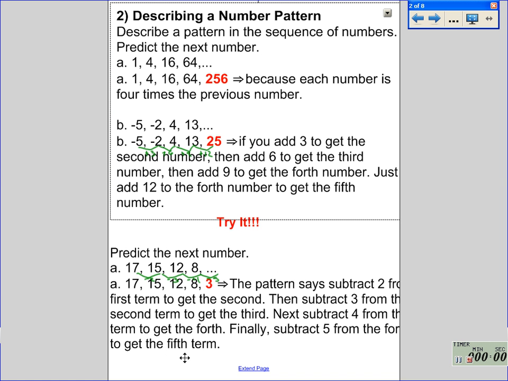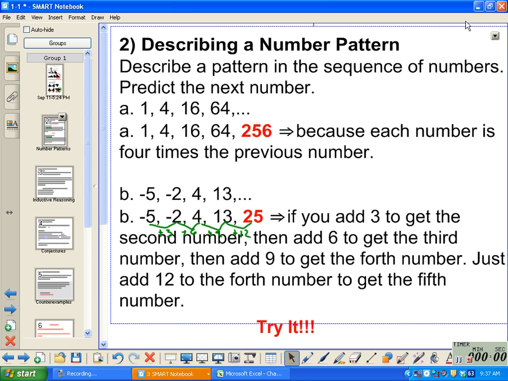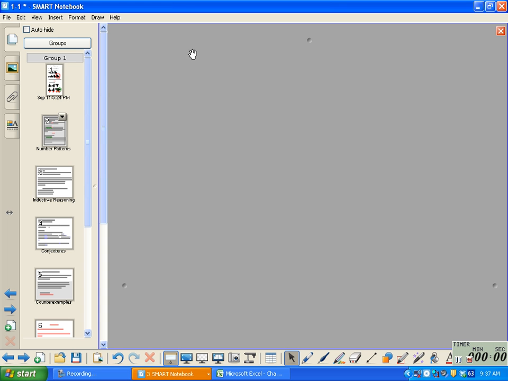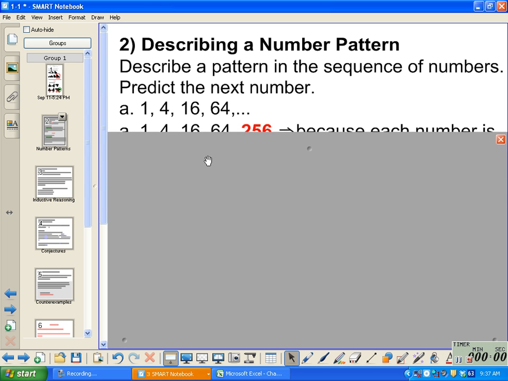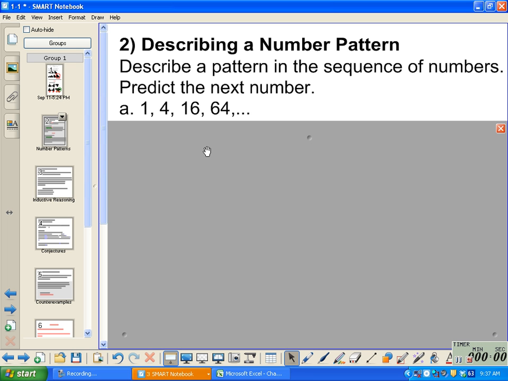Alright, describing a pattern is simply the sequence of numbers. You can predict the next numbers that you're going to see. Look at the first pattern here. In this particular pattern, you're going to see 1, 4, 16, then 64.